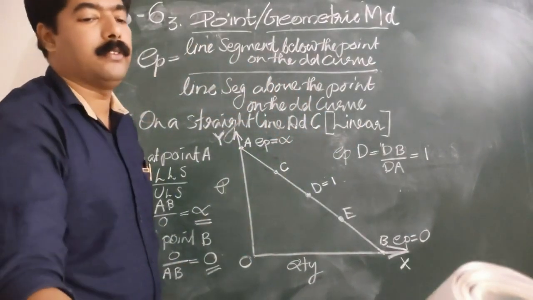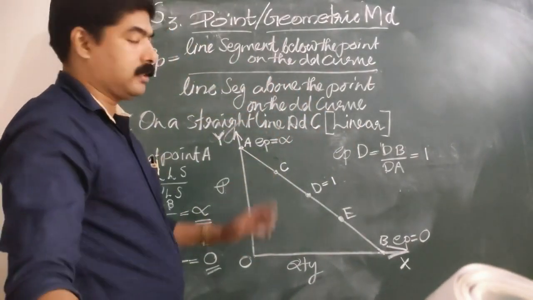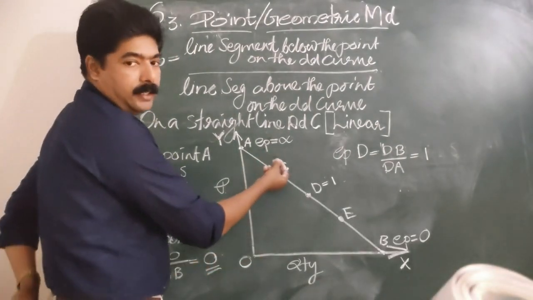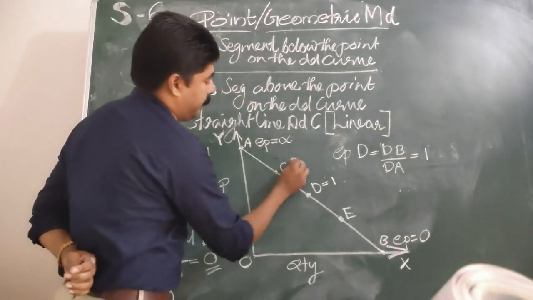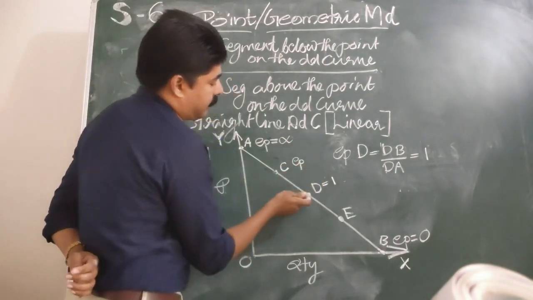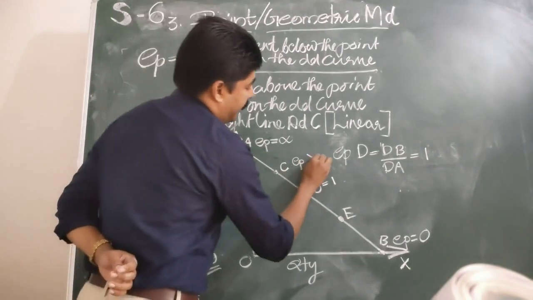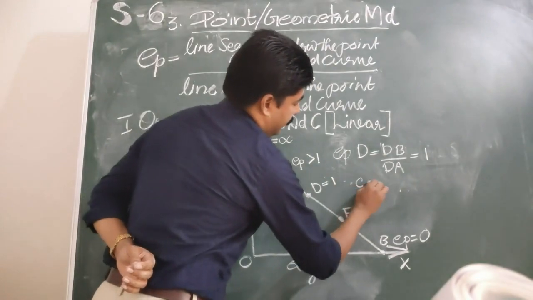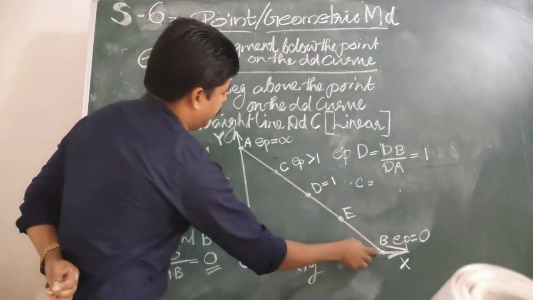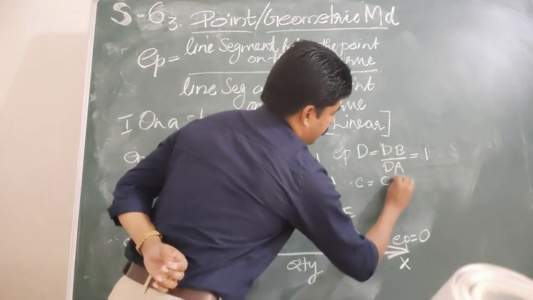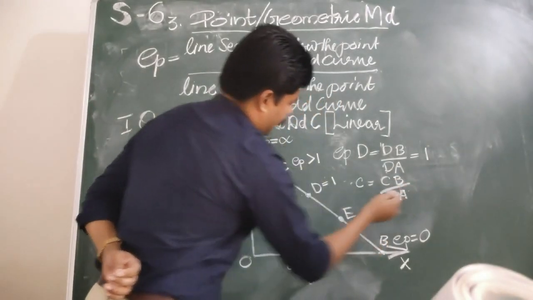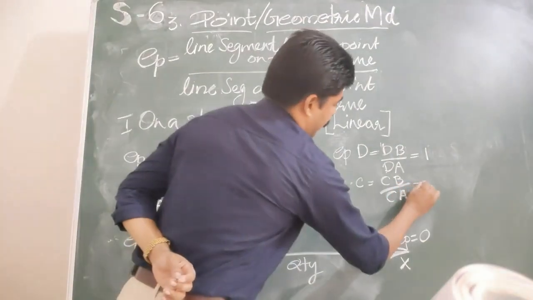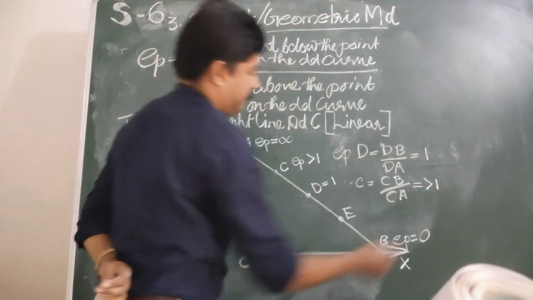Now, of the remaining two cases, one is greater than 1 and one is less than 1. Point C will be elastic, greater than 1. At point C it is CB upon CA. CB is greater than CA. Therefore, the value is greater than 1.